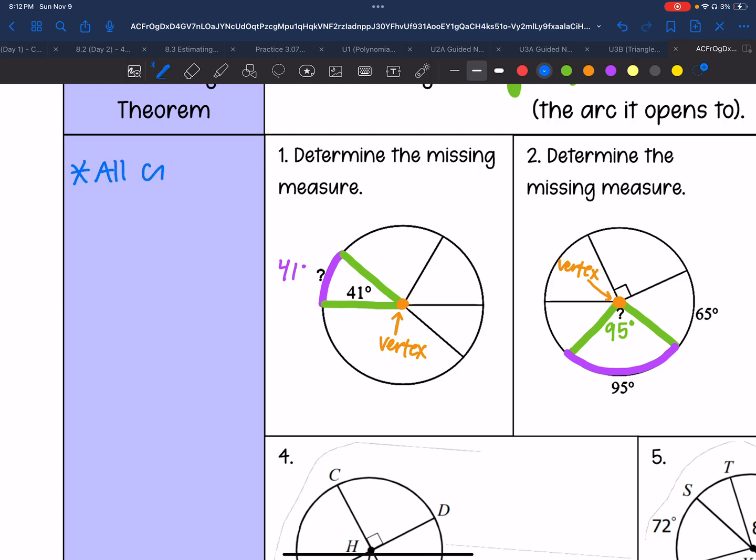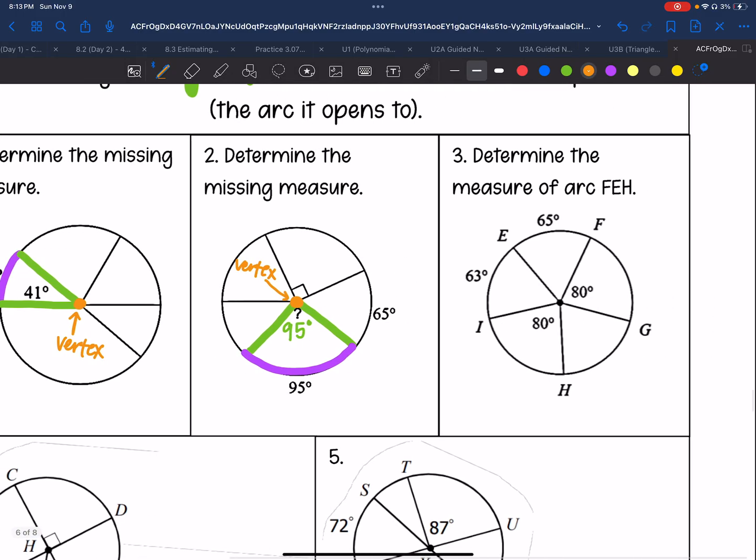Remember, all circles are 360 degrees, which means that all semicircles, which we'll be using a lot, are 180 degrees. So the whole circle is 360 degrees, half of the circle is 180. All right, let's look at number 3.